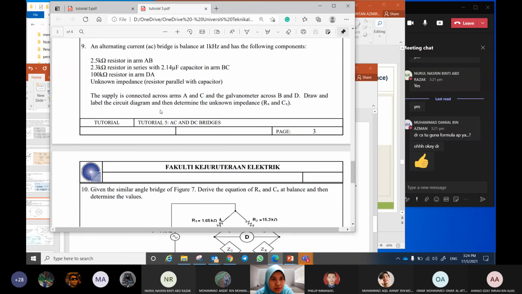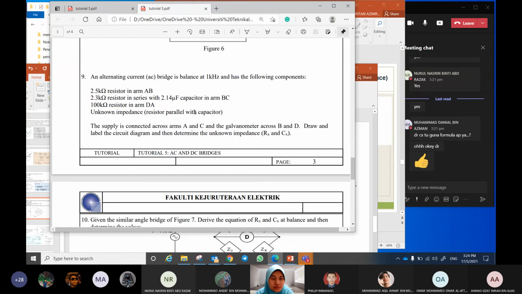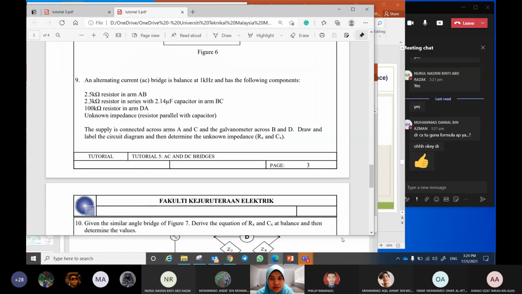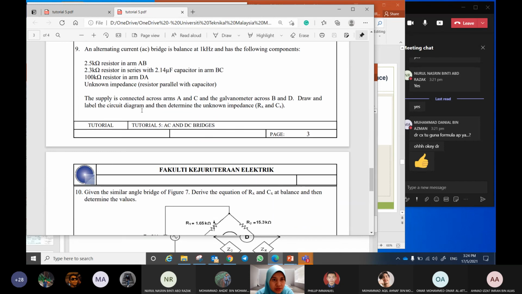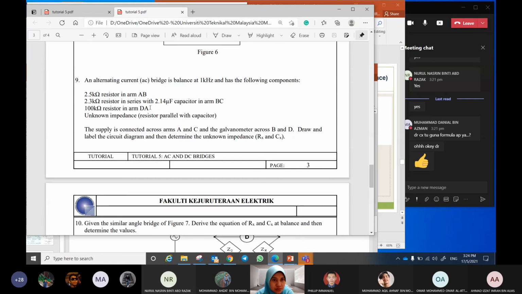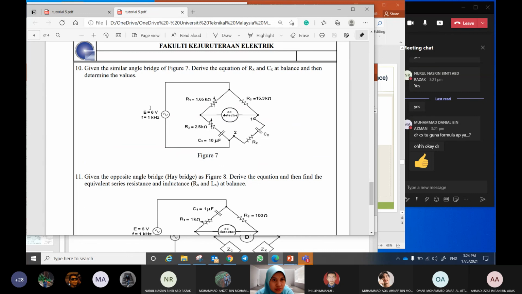Draw and label the secondary and then determine the unknown impedance RSCS. Okay, so this is as we have learned today. So the first step is to sketch the diagram of this bridge. Okay, and then follow the right steps. So you should try number 9, number 10.